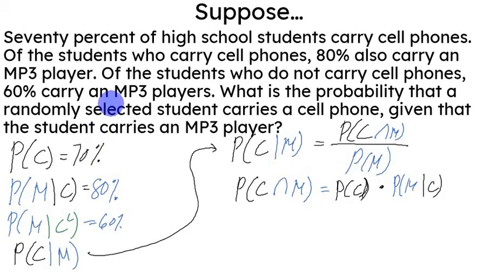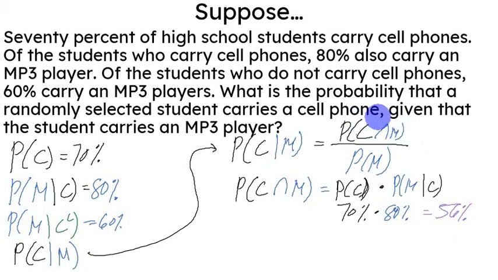So we have the probability of C, which is 70%, multiplied by the probability of M given C, which is 80%, and this will give us around 56%.